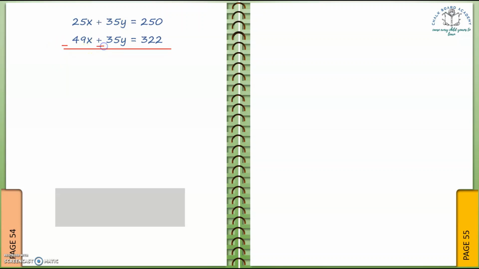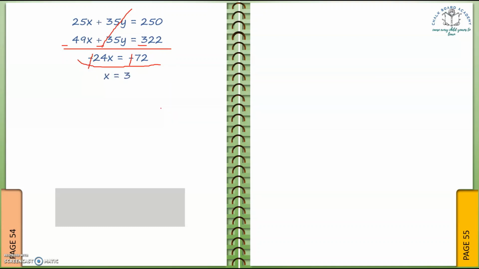All the numbers here are positive, so after changing the sign they become negative. Now 35y is eliminated by 35y. We got 25x minus 49x, that is minus 24x, equal to minus 72. Again, this negative sign can be eliminated by this negative sign. So we get x as 3.